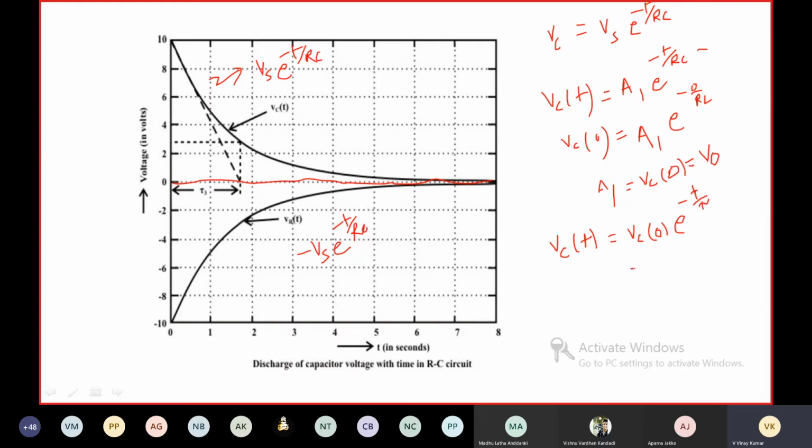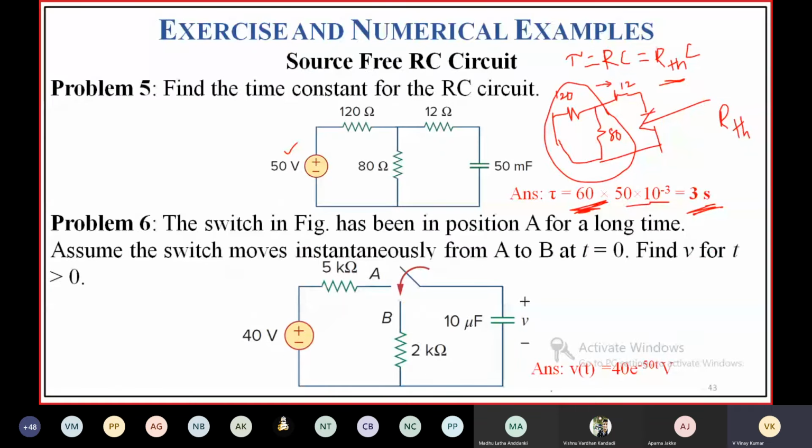Otherwise, you can also write like this: V naught e power minus t by tau. This is the expression for voltage across capacitor in case of source free RC circuit.